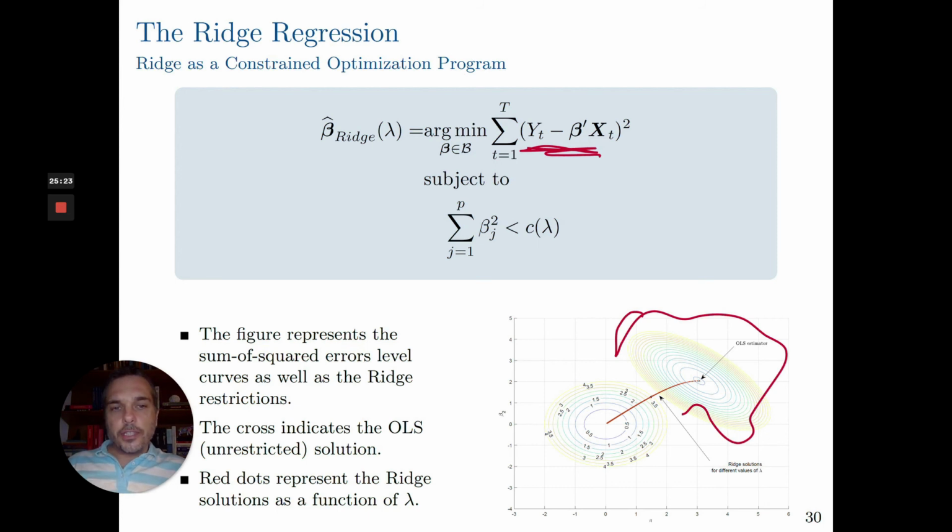Okay? So for different values of lambda, here's the solution path. And the solution will be the intersection of that curve of the sum of squares with the restriction curves. Each level here represents one value of this constant, which is a function of the lambdas.